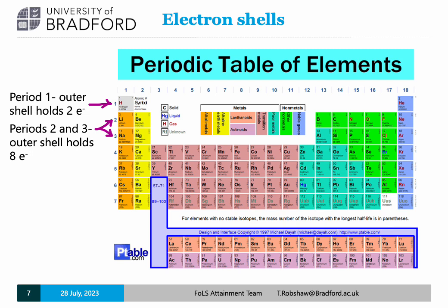In the first period, atoms only have one electron shell, and it can hold a maximum of 2 electrons. In the second period, the atoms have 2 electron shells, and this time the outermost shell can hold 8 electrons. In the third period, the atoms have 3 electron shells, and the outermost shell can also hold 8 electrons. We won't go any further than that today in terms of complexity.